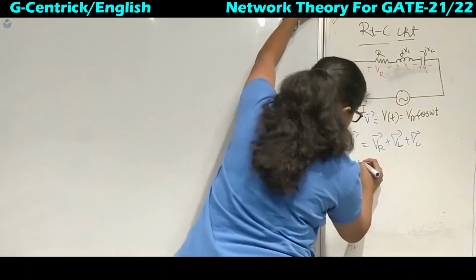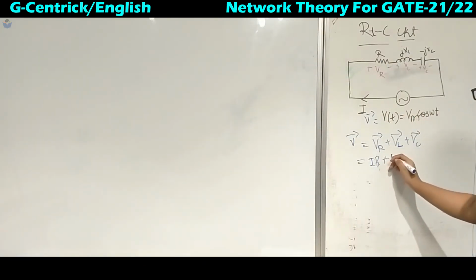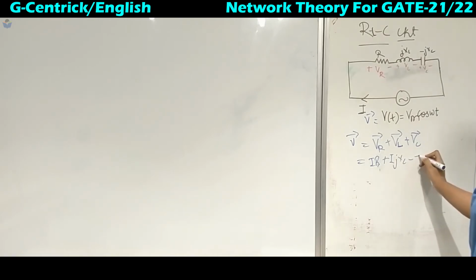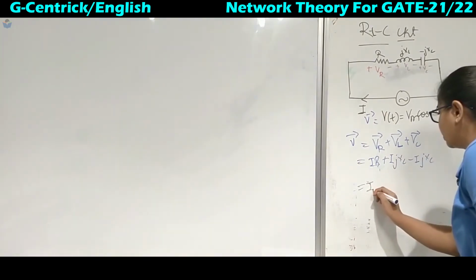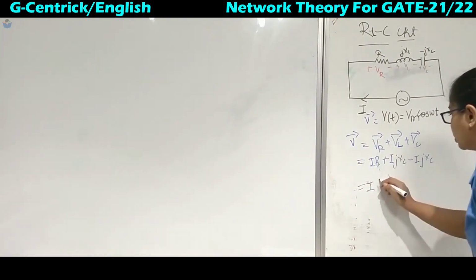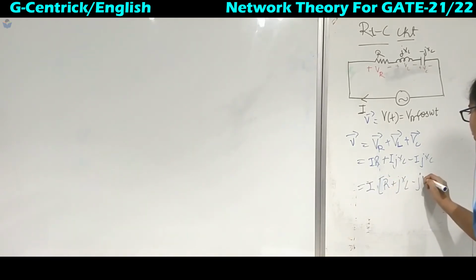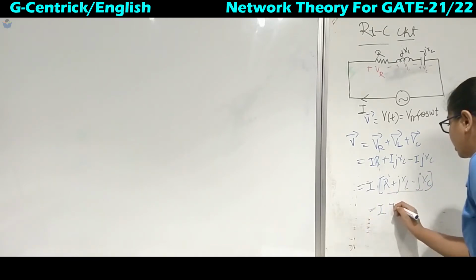Now I is flowing here, so it will be I into R, then I into jXL, then I into minus jXC. Now this I is common. So what will be inside? R plus jXL minus jXC. This we will replace with Z.